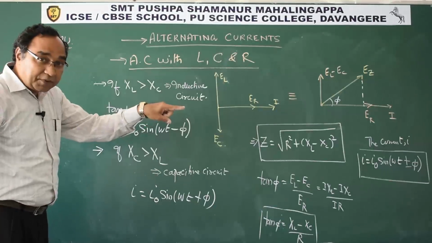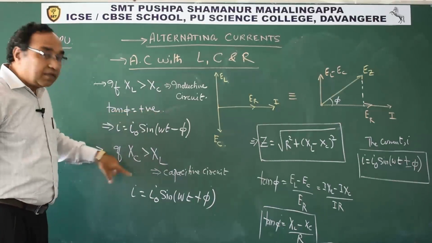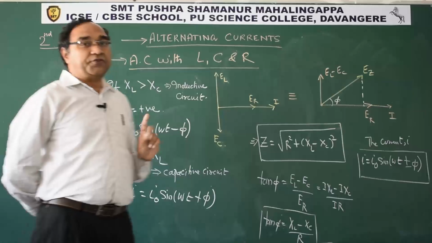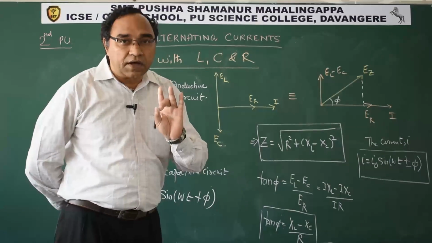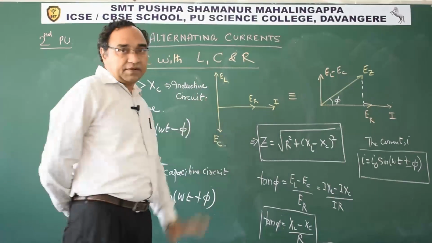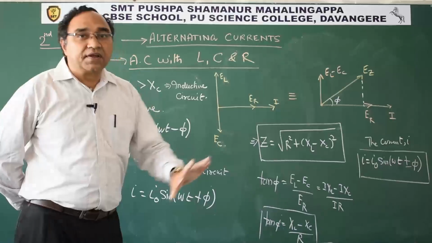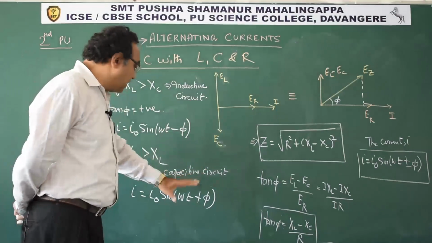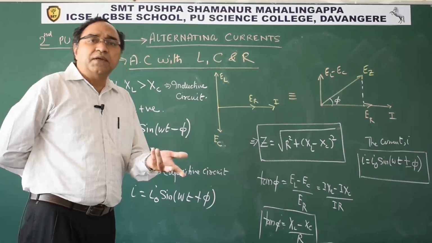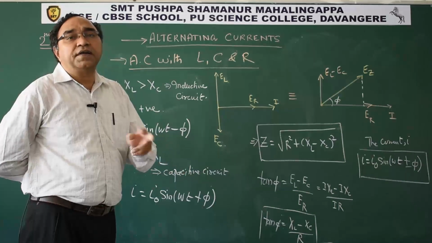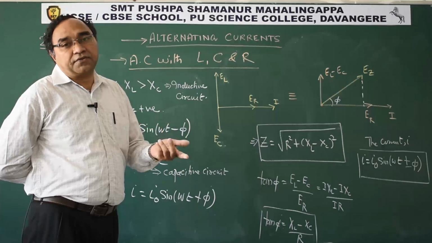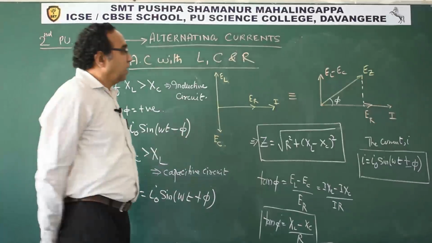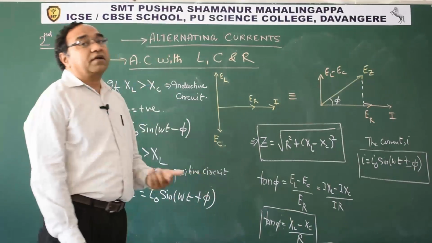That is the general expression, and these are specific expressions related to the kind of LCR circuit. All LCR circuits will not be inductive, and all LCR circuits will not be capacitive. It may be different depending on the values of XL and XC. Now what about the power consumption?